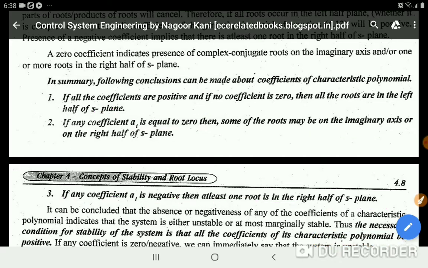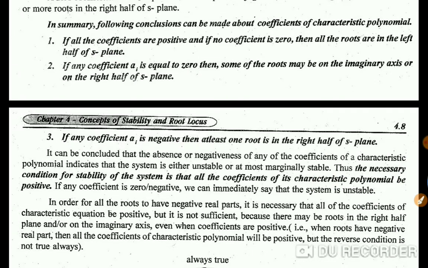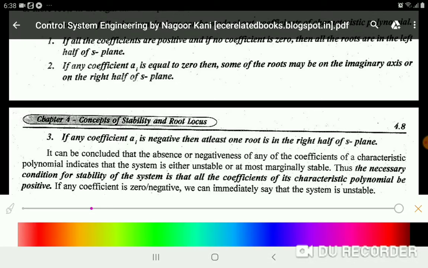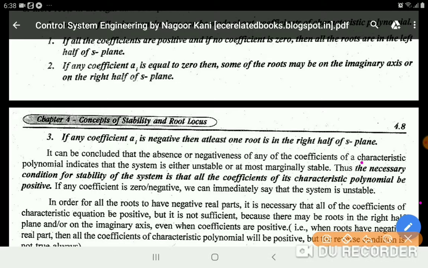So this is an important point to note. The necessary condition for stability of a system is that all the coefficients of its characteristic polynomial should be positive. If any coefficient is 0 or negative, we can immediately say the system is unstable.